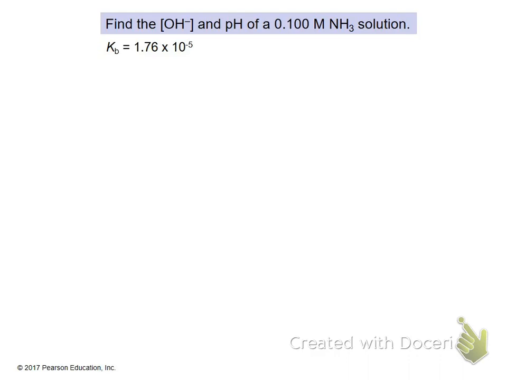All right, so what if we have a weak base solution, NH3, and you're given the Kb value here of 1.76 times 10 to the negative 5. So we know it's a weak base because the Kb value is less than 1. So we would solve this problem similar to how we would for a weak acid, right? So we have to generate a Kb expression and an ICE table, or equilibrium table.